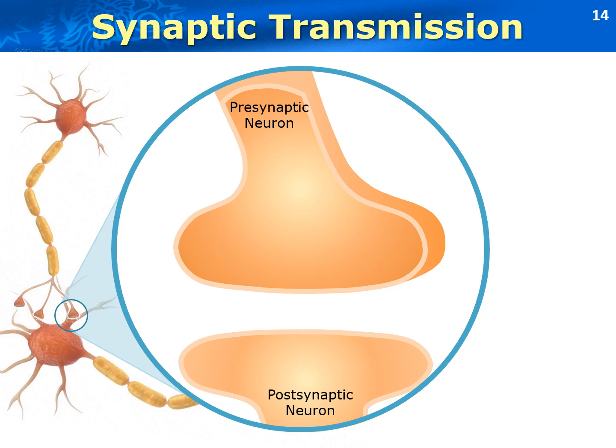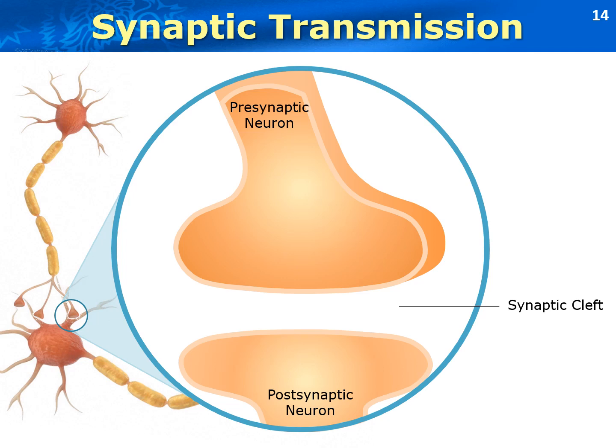We can see that the neurons are not actually connected to each other. There is a very small gap between the presynaptic and postsynaptic neurons. This small space is called the synaptic cleft. The cleft is less than 40 nanometers wide. In comparison, a human hair is about 75,000 nanometers wide.